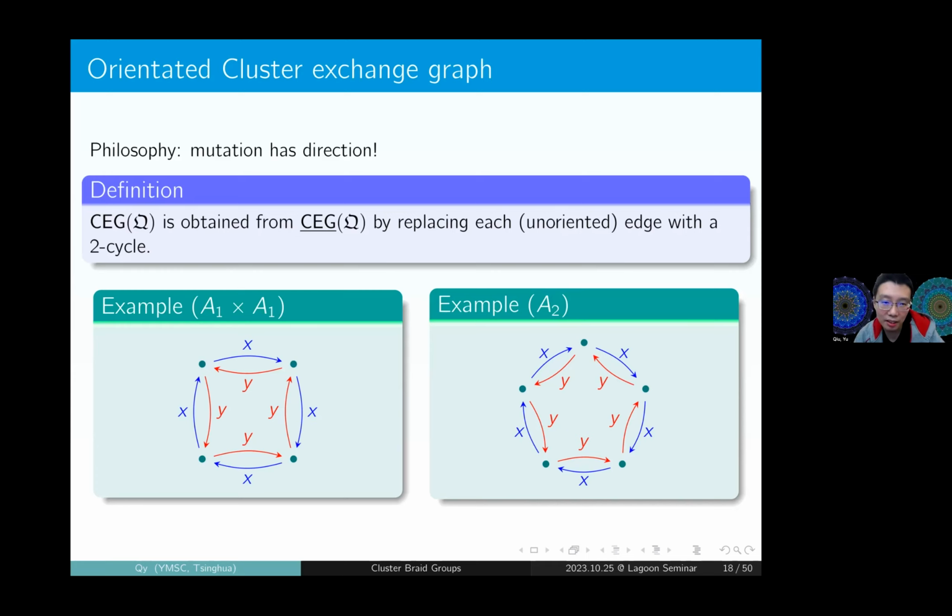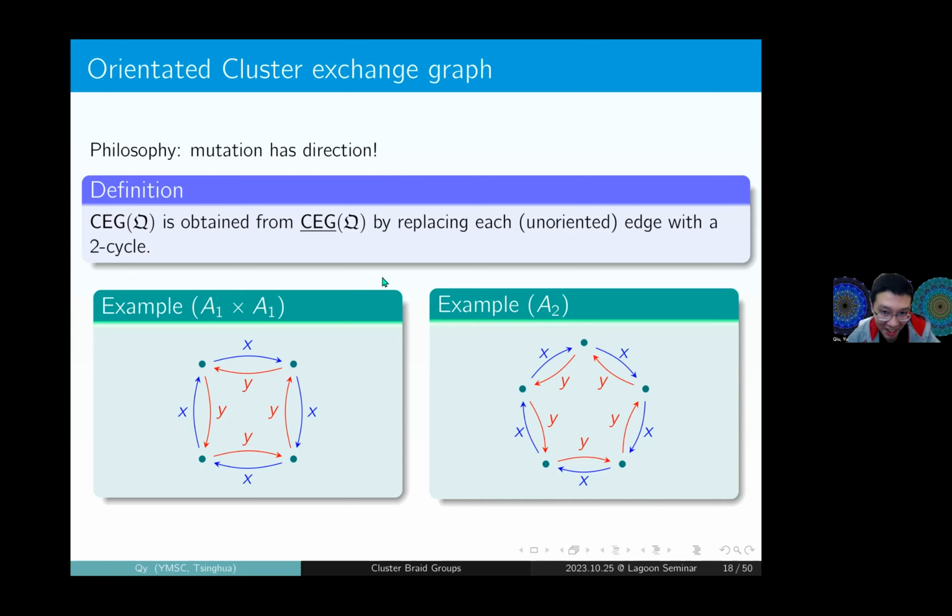However, if you consider, say, the m-cluster category, then you also have forward mutation, but then it is mutation to the power of m equals 1. In other words, each almost complete cluster tilting object has m completions, which corresponds to an m-cycle in the corresponding cluster exchange graph. So that's the correct thing to consider.